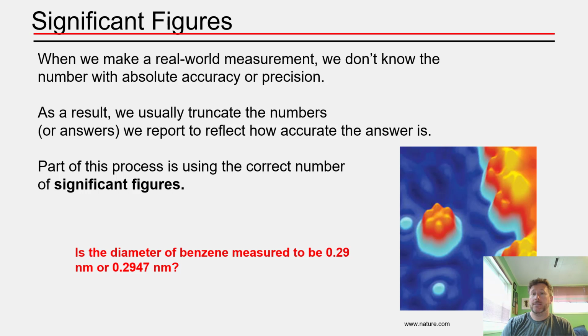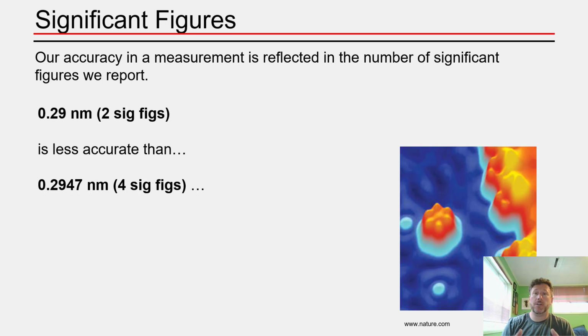But is that equally good as saying that the benzene molecule is 0.29 nanometers across? Or is there a difference in science between saying the benzene molecule is 0.29 nanometers across or 0.2947 nanometers across? Well, the key is yes, there is. If you're talking about reporting scientific measurements, the more significant figures you report, the more numbers you include after the decimal place, the greater accuracy in your measurement you're claiming.